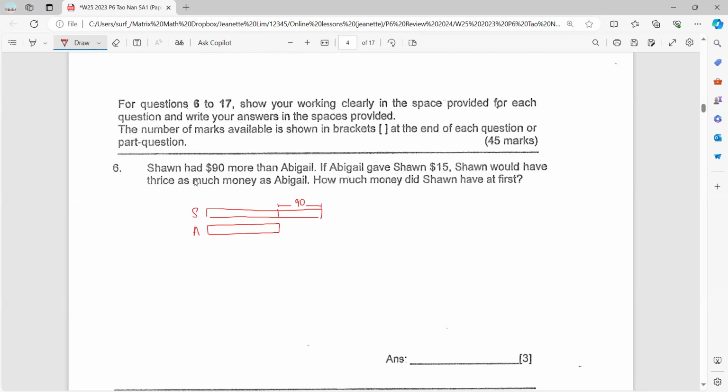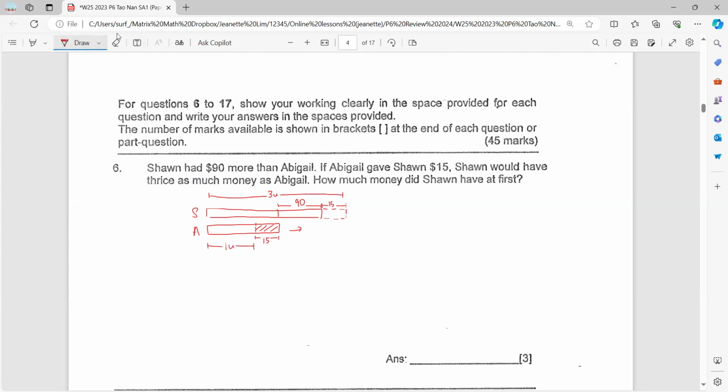If Abigail gave Sean 15, okay, let's transfer 15 from Abigail to Sean. We will end up with thrice, so 3 units for Sean and 1 unit for Abigail.